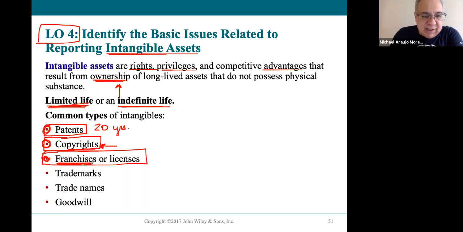And franchises are privileges and advantages under contract that require you to do things certain ways. Otherwise, they take your franchise license away. Now, whether it's a large venue like Major League Baseball or the NFL, or even smaller ones, you've dealt with franchises all of your life, maybe without knowing it.